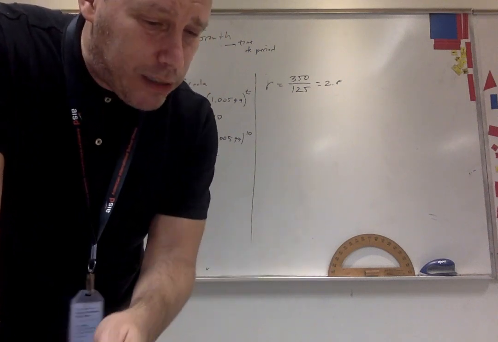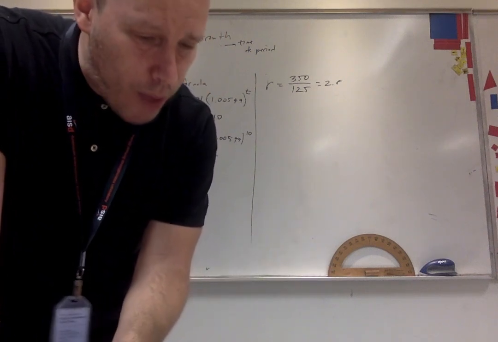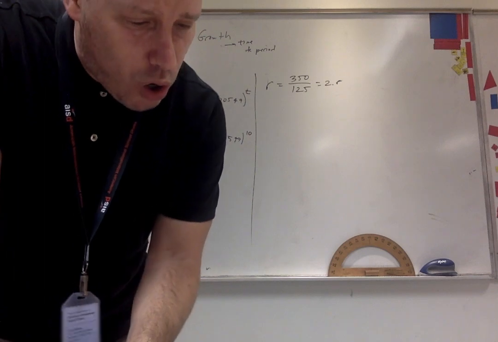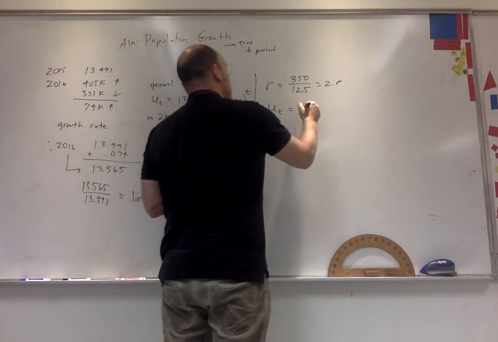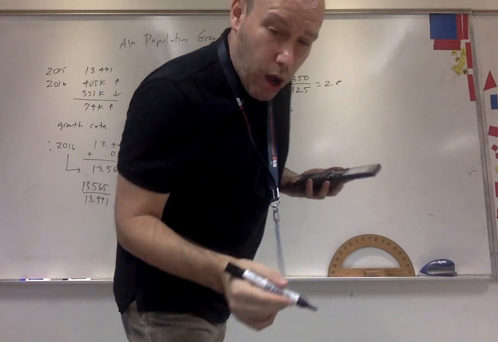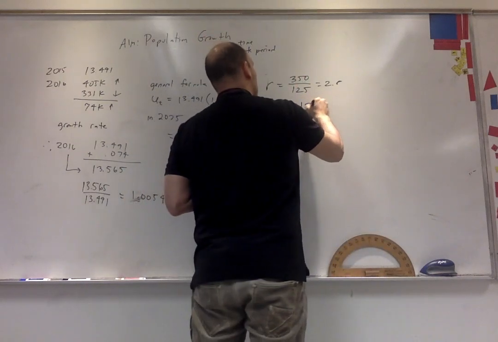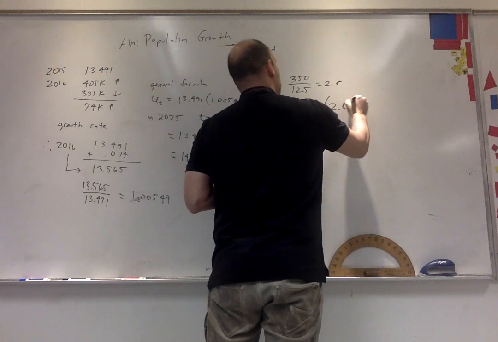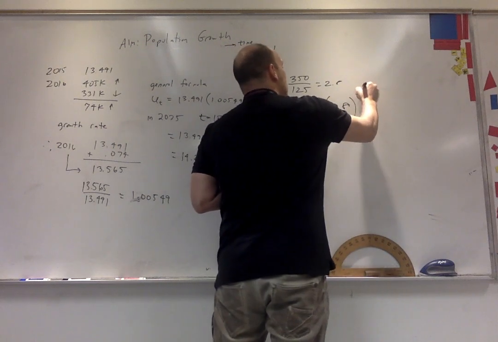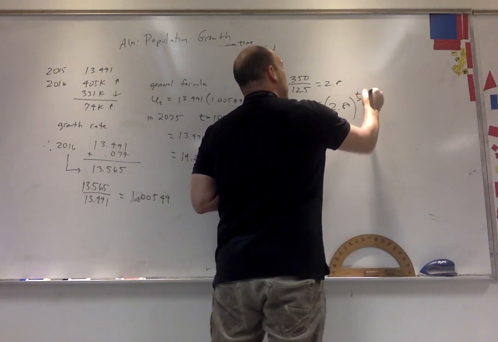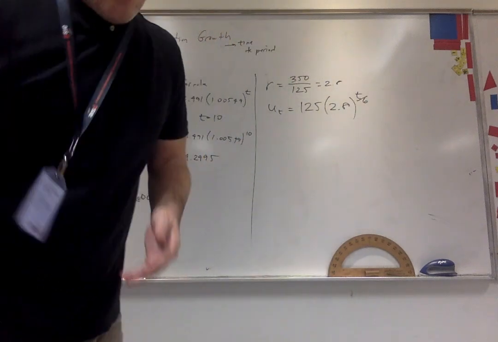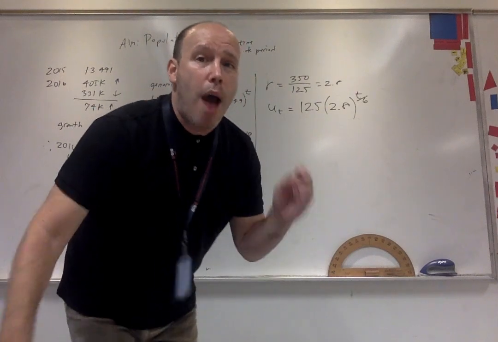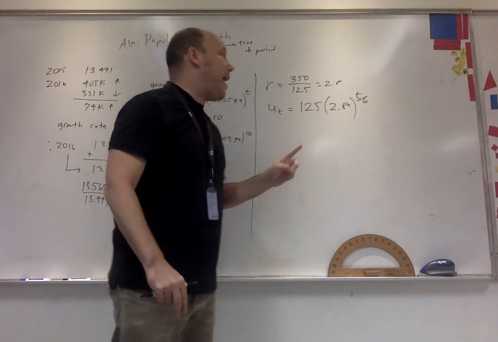So I'm going to do something a little different. Here. So we know the formula is, U of t is the initial amount, which is 125 times 2.8. The book says t, but you know what? I'm going to do the t divided by 6, because I know every 6 hours, I'm only multiplying by 2.8.